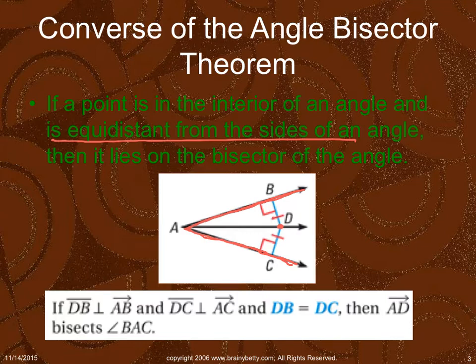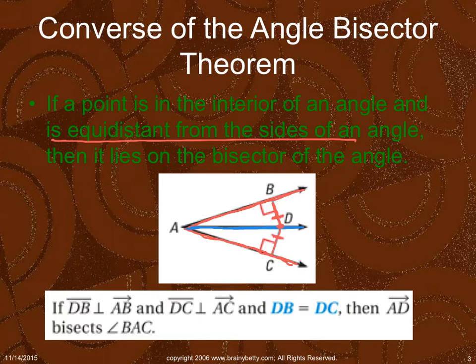Since I see that it's marked as being equidistant from the sides, well, then that means that the reason that happened is because it must be on the bisector of an angle. So the earlier one, the one we just did, said that if it's on the angle bisector, then it's equidistant from the sides. Now we're saying, hey, it's equidistant from the sides.